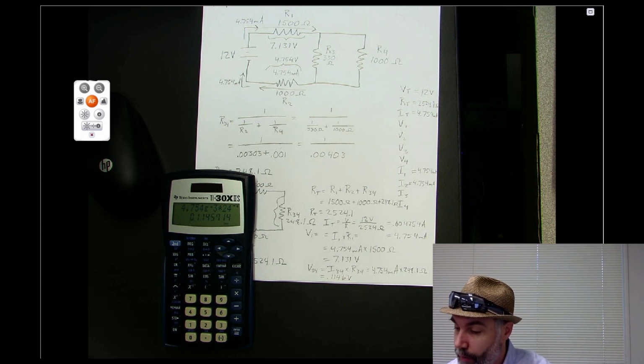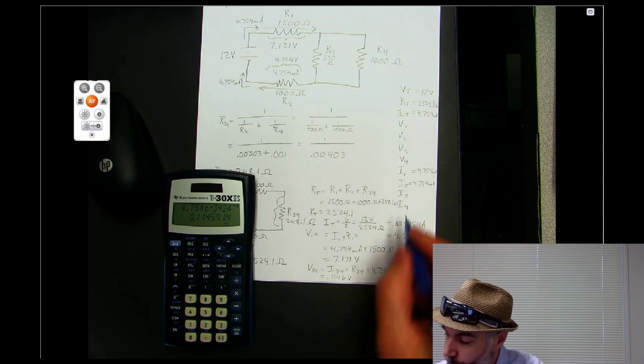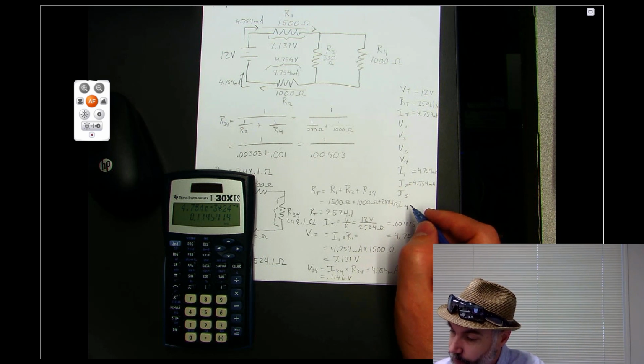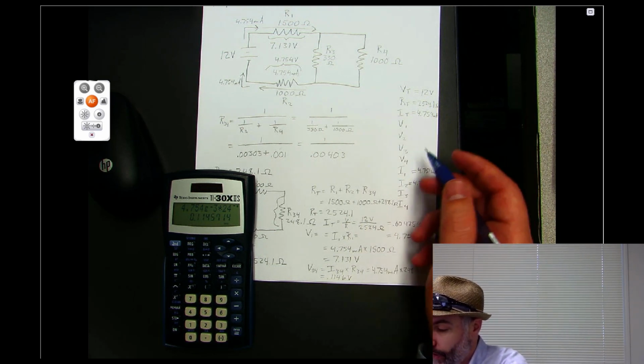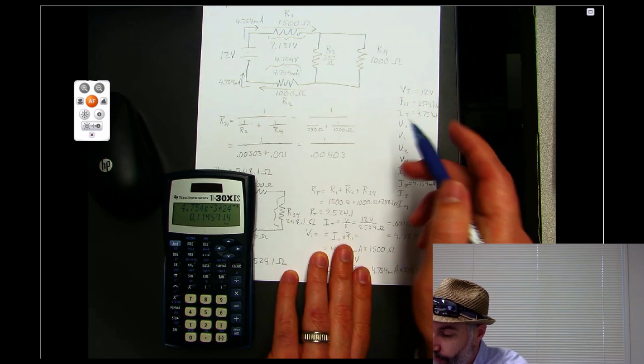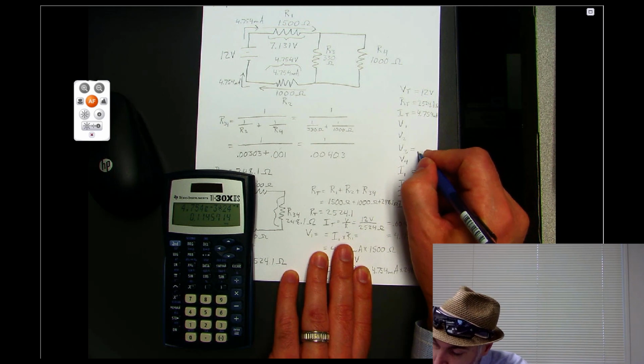So then that would be the voltage across those two resistors. And since they're in parallel, we know that they are the same.